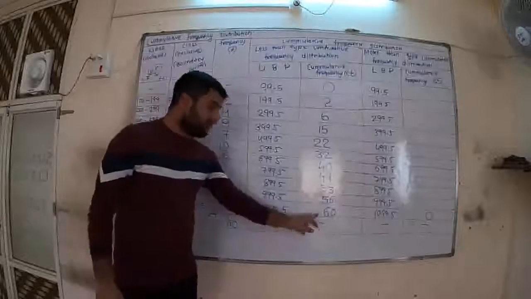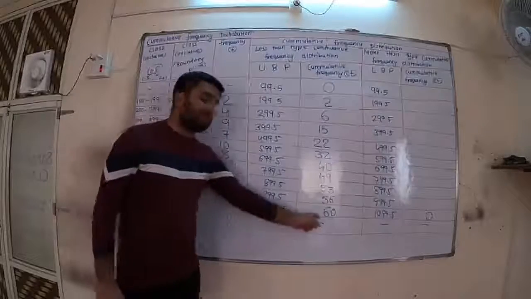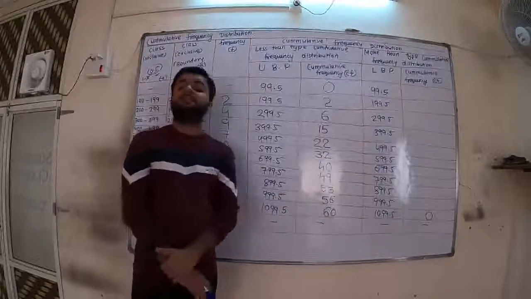Now the last value should be the total. If it is not coming, then somewhere you have made a mistake.